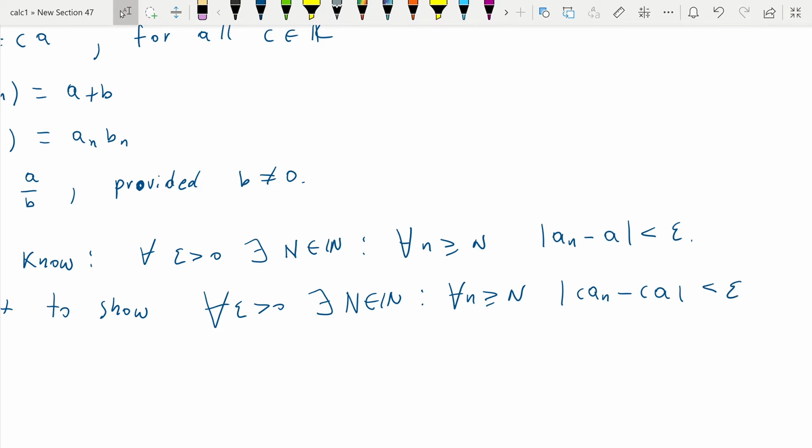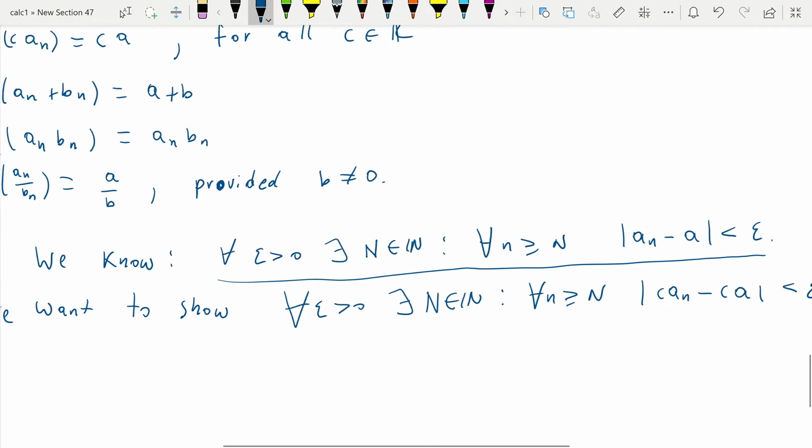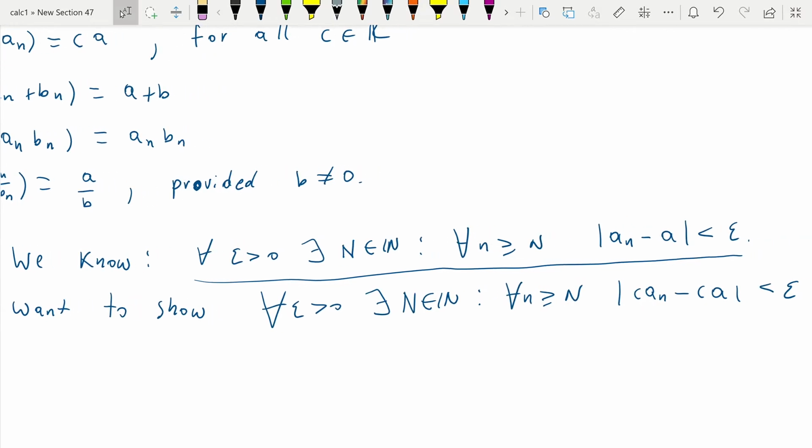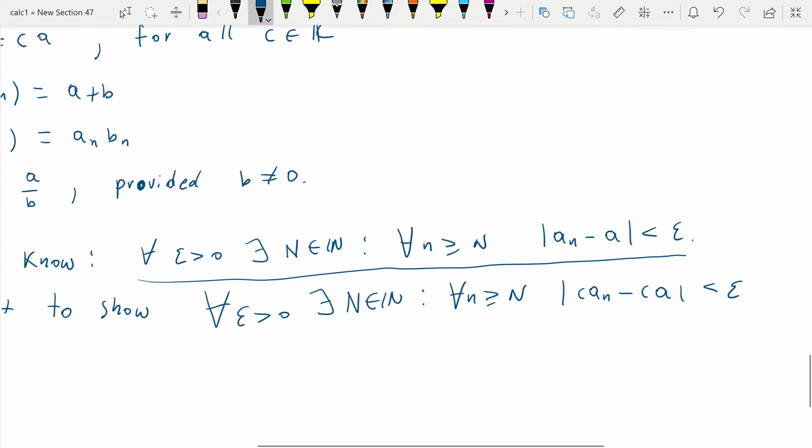The new sequence is c a_n, and the limit is supposedly ca. This is what we want to show. So this is not known. What's above is known. And we want to show what is below. Okay, so this is the statement we want to prove.